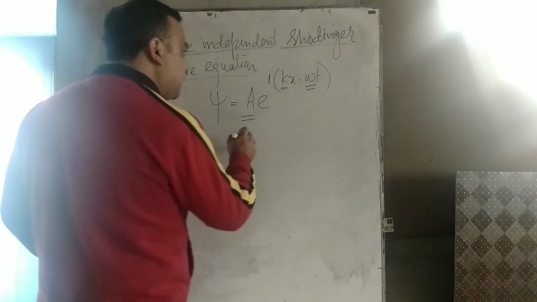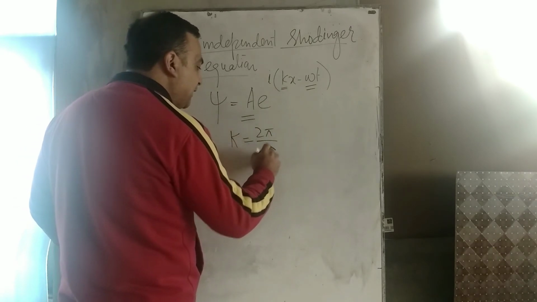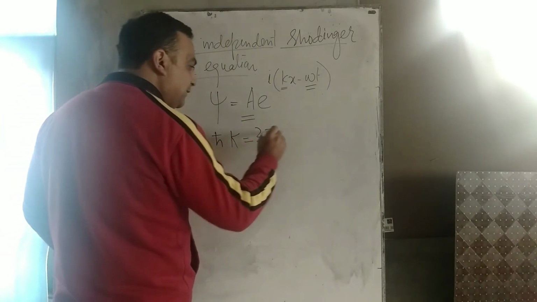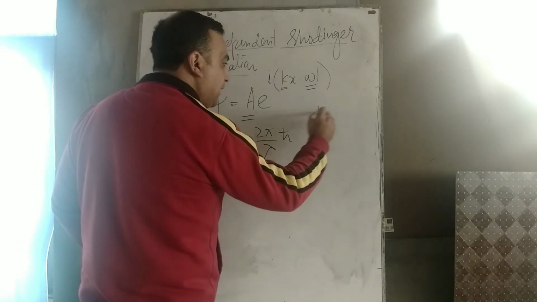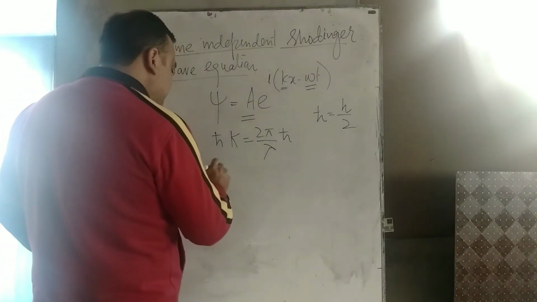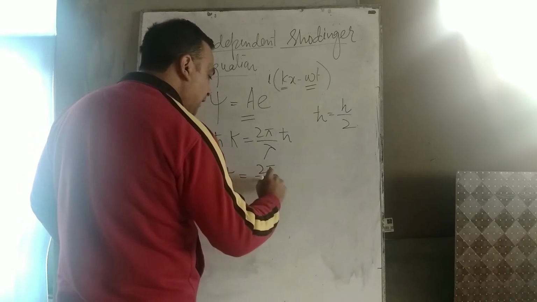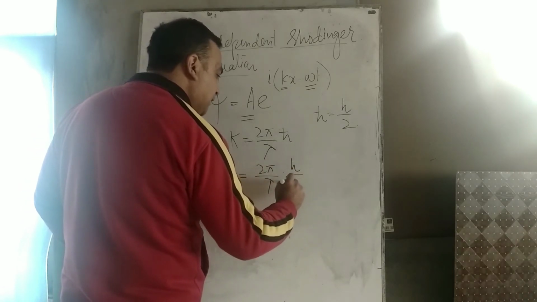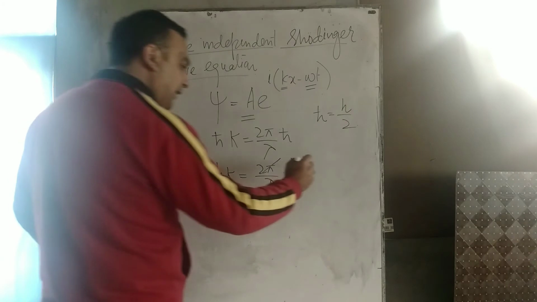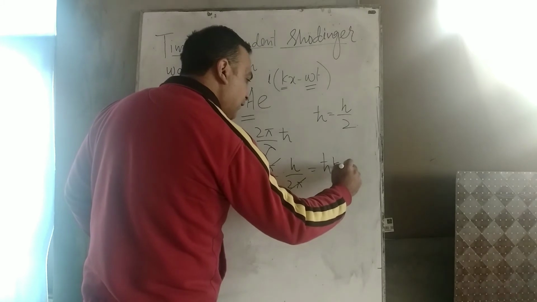Now, if I write down this k is 2 pi by lambda, and multiply this with h bar on both sides, where h bar is h by 2 pi, then h bar k will be 2 pi by lambda times h by 2 pi. Remove this 2 pi and 2 pi, and we get h by lambda, which is momentum. So h bar k refers to the momentum.